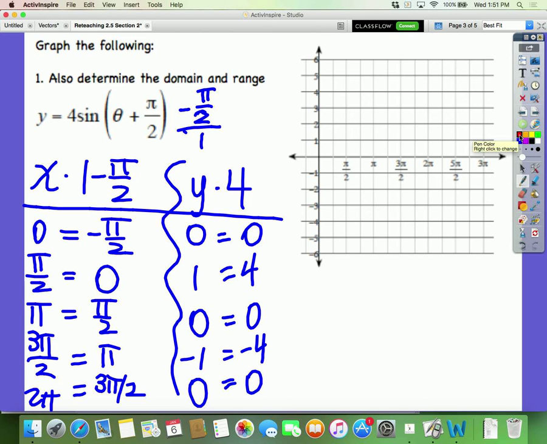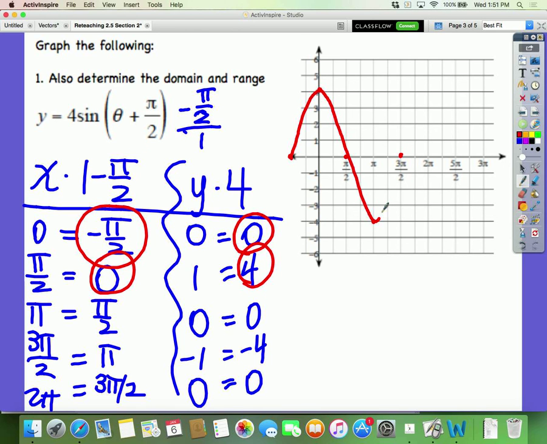Negative pi over 2 is 0. That's the point I plot. 0, 4. Pi over 2, 0. Pi, negative 4. 3 pi over 2, 0. And that is one complete cycle.